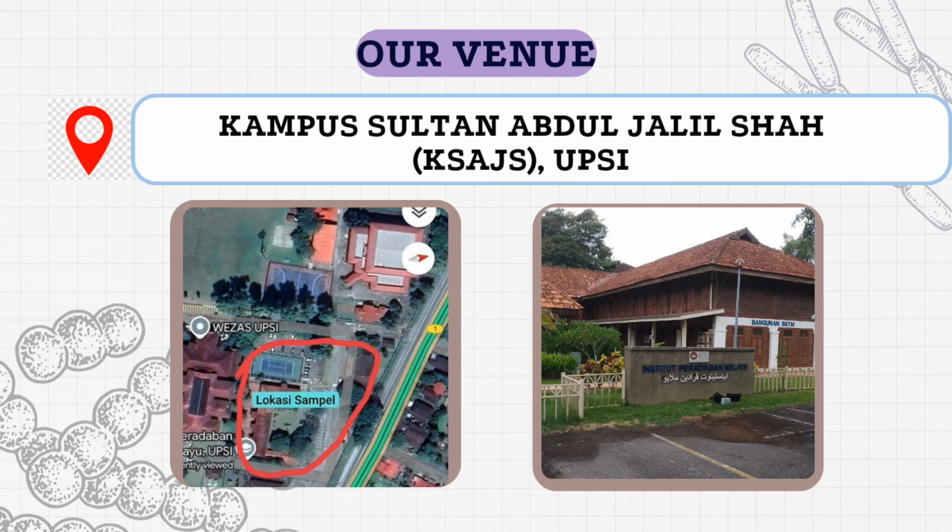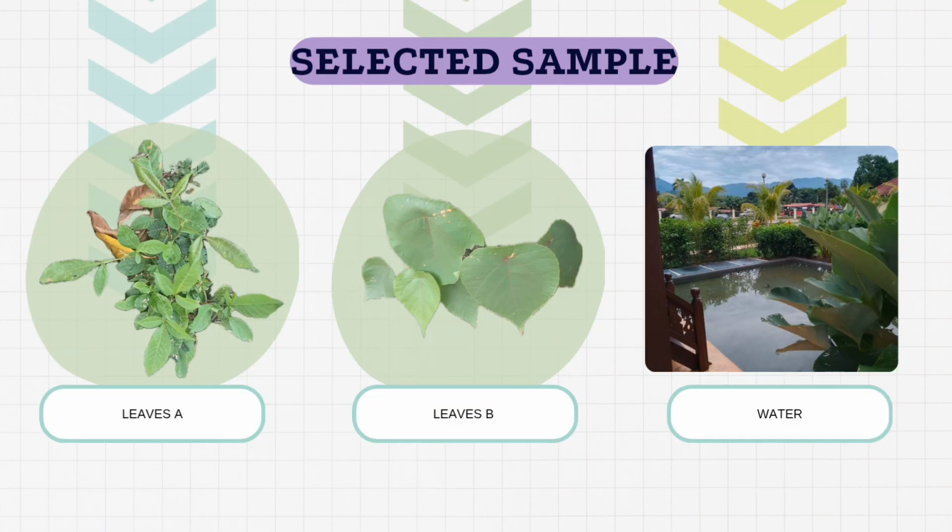Our project location, around Institusi Peradaban Melayu UPSI, was chosen because it is a shared public environment where microbiome presence can affect the health and hygiene of the community. There are three samples that we all agreed on and chose from around this location, namely leaf A, leaf B, and water.